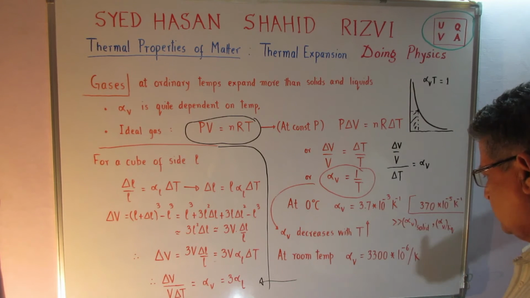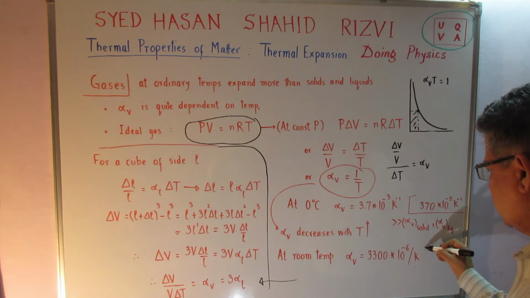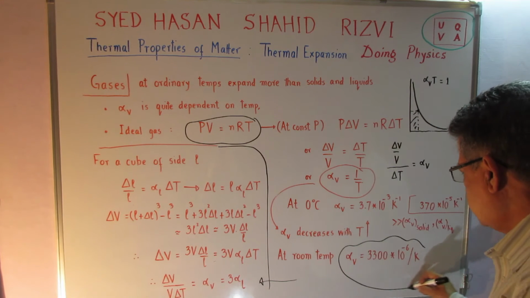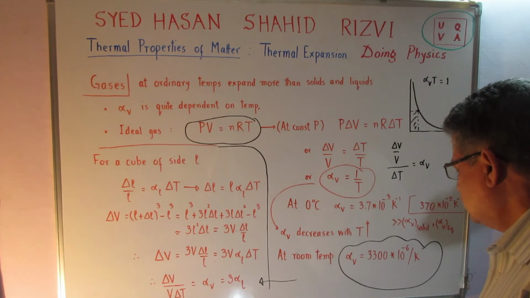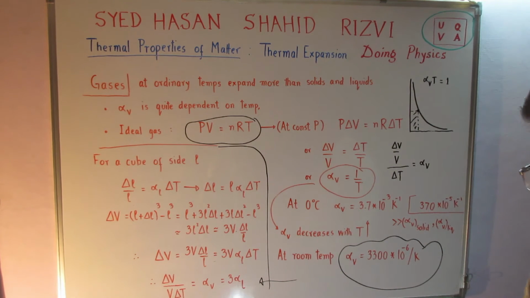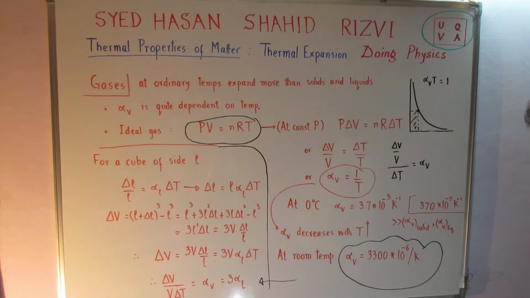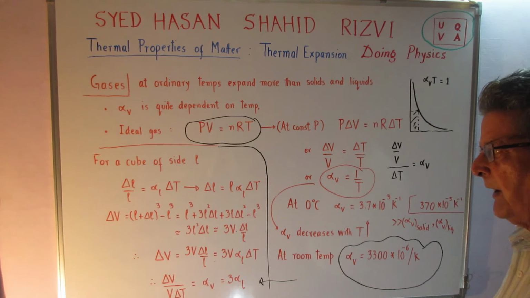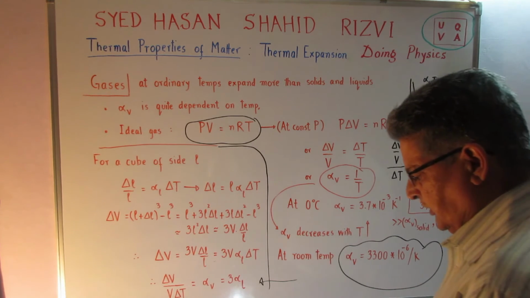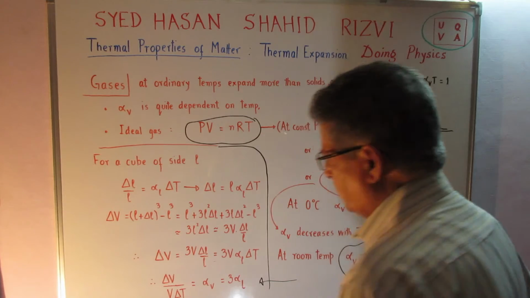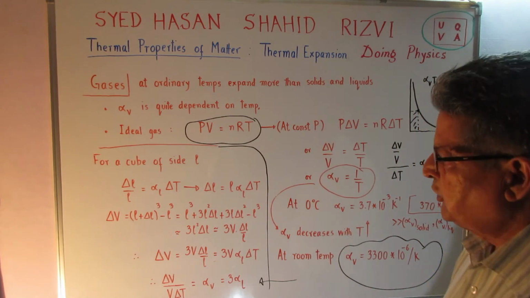At room temperature, alpha V turns out to be 3,300 into 10 to the power of minus 6 per Kelvin, which is a very large amount.